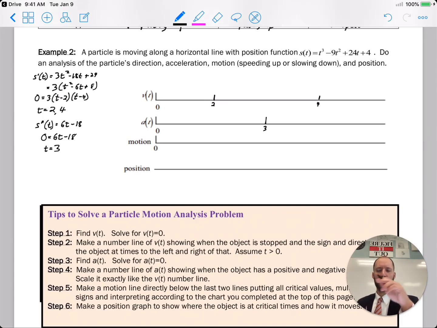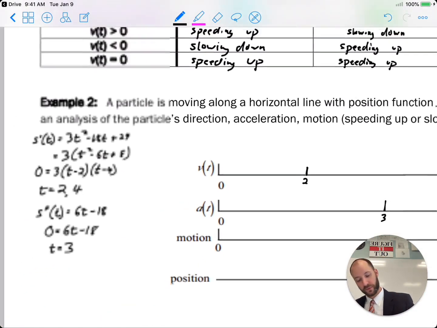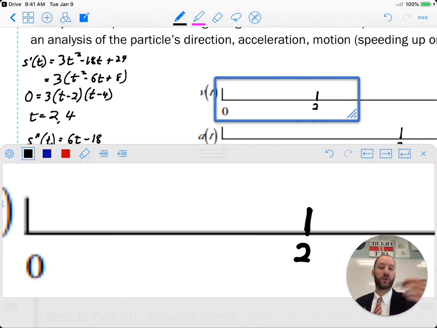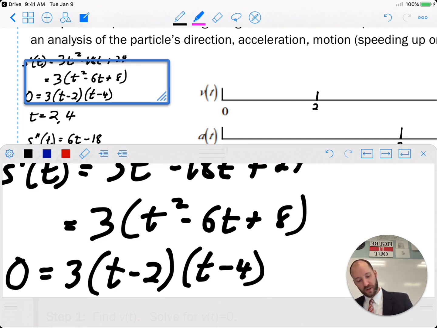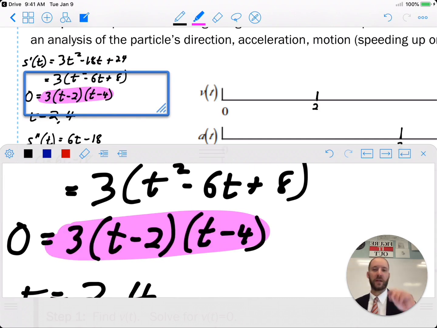So let's do some basic analysis of this velocity and acceleration, and then figure out the motion. So for velocity between 0 and 2, let's plug into our velocity equation. Let's choose an easy number like 1. Plug 1 into the factored form.